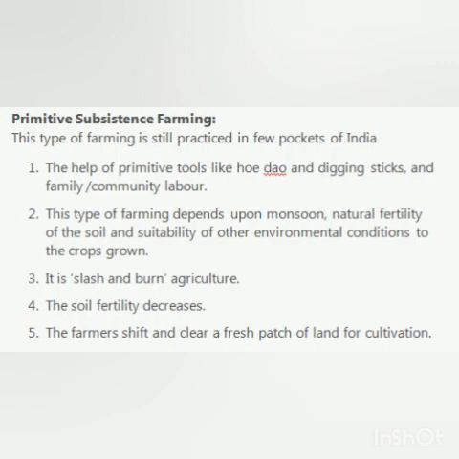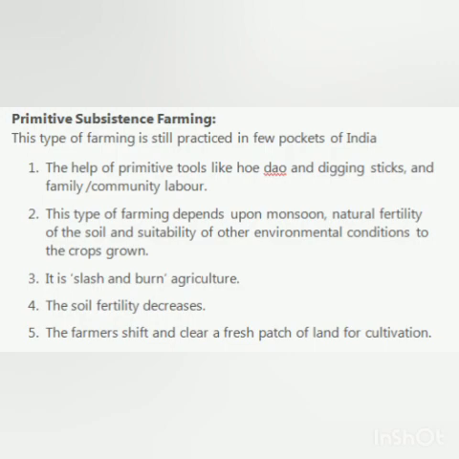Dear students, 2/3 of India's population is engaged in agricultural activities. Hence, agriculture is the primary occupation of the people in India. Since agriculture is an age-old economic activity in India, farming varies from subsistence to commercial type.